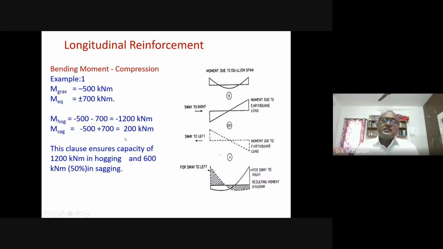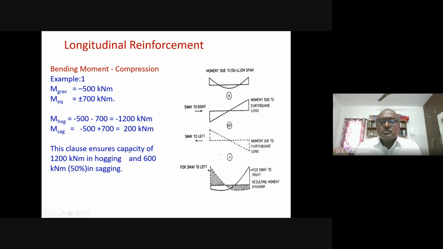Because we cannot go 100% by what Strat Pro or ETABS gives. Crudely, if I tell you in a simpler way, suppose there are 10 rods coming as tension steel, the compression steel should be five numbers, 50%. But as an engineer, you should understand what the bending moment is and how it is distributed.